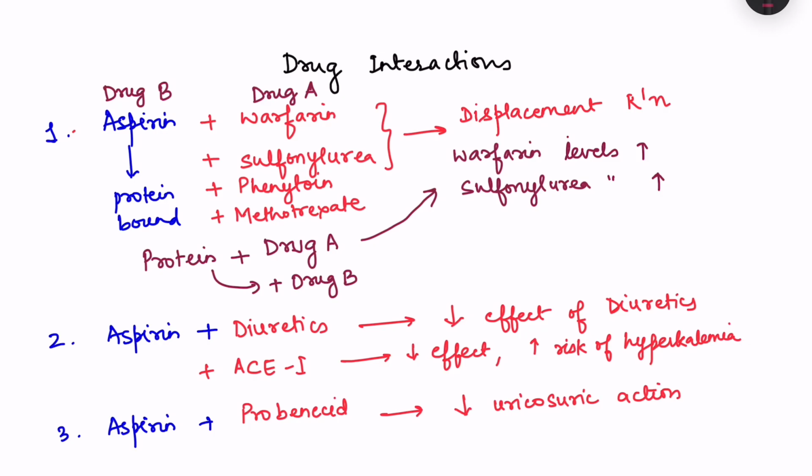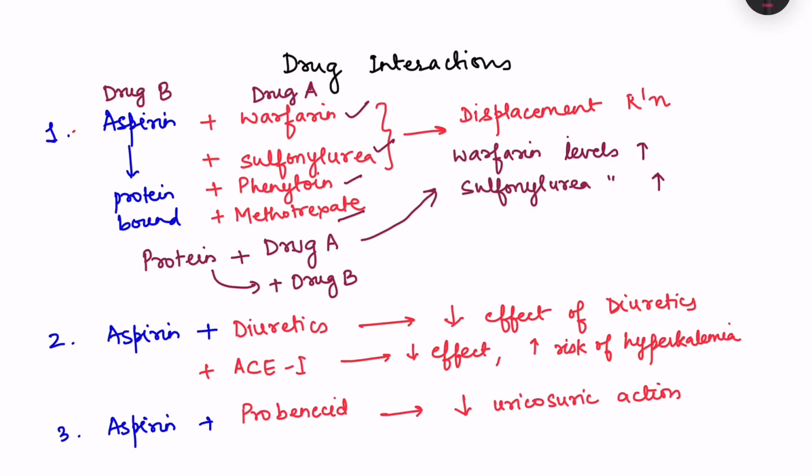First, I told you that all NSAIDs are bound heavily to plasma protein, so there can be displacement reactions with drugs like warfarin, the oral anticoagulant, sulfonylurea, a hypoglycemic drug used in diabetics, methotrexate, an anti-cancer drug, and phenytoin, an anti-epileptic drug.